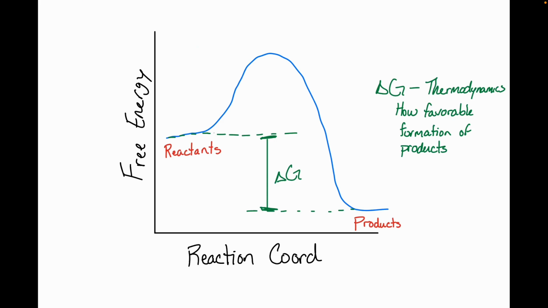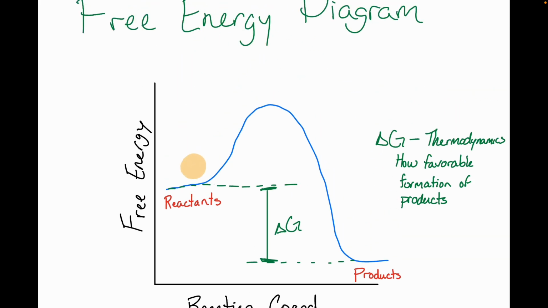All right, but there's another important piece of information on this graph here, and that is that little barrier, right? How I'm sort of thinking about reactions when I'm looking at this is I have this little marble here that represents my reactants, and they're trying to get over here to the product side, but in order to do it, it's got to jump over this activation energy barrier here. It needs energy in order to make it to the product side.